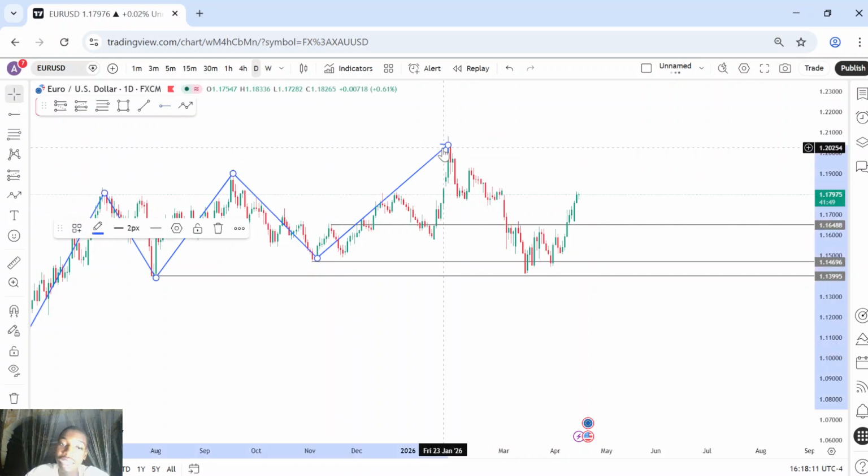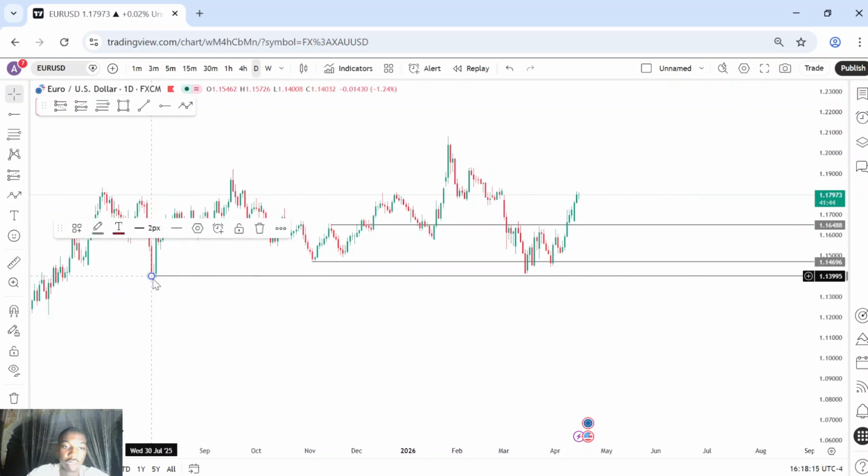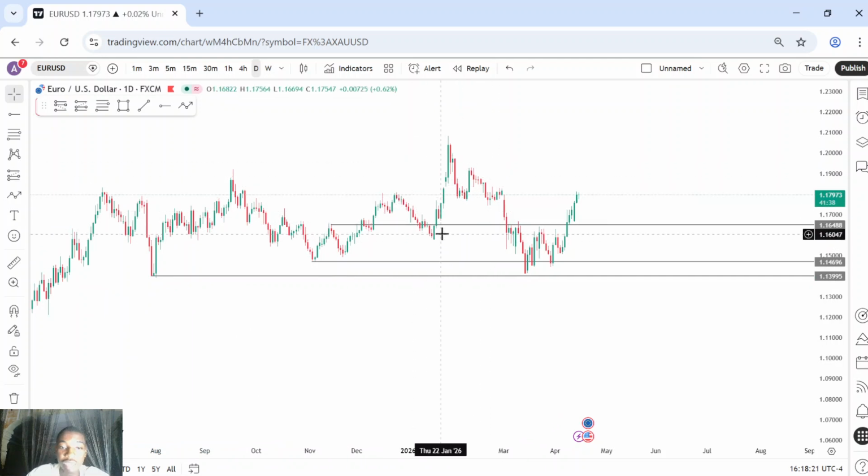Let me clear this, because I was expecting the price to come back to this point, which it did. Then it went back up again to create another higher high. It wanted to create a higher low, but here it created an equal low. So this is still an uptrend.